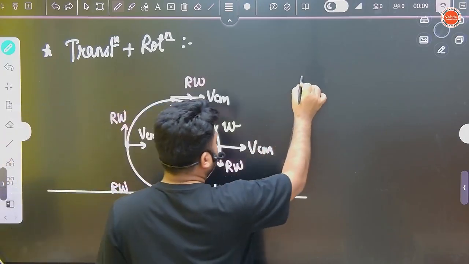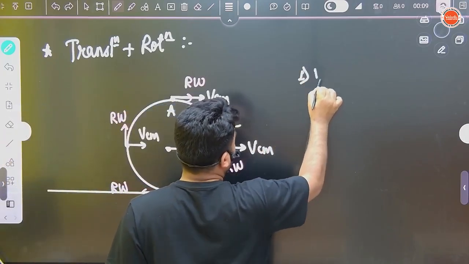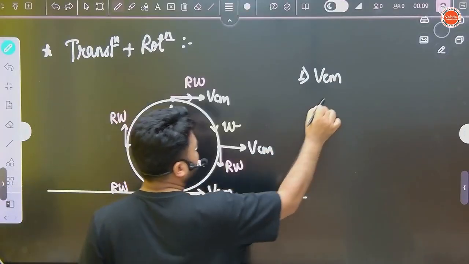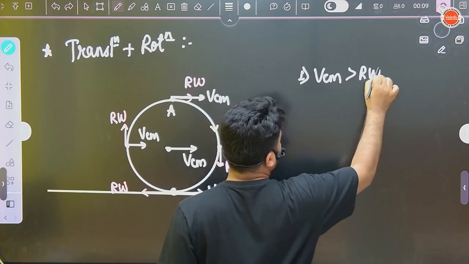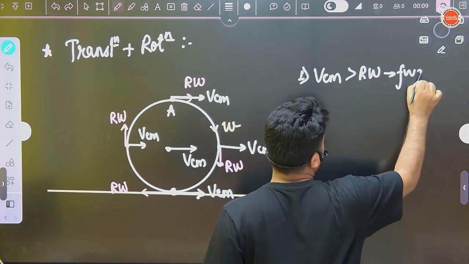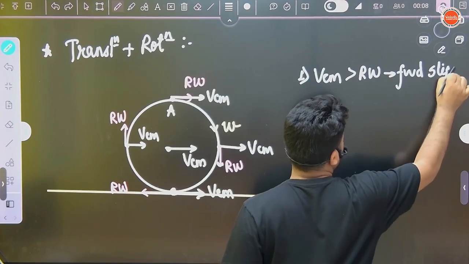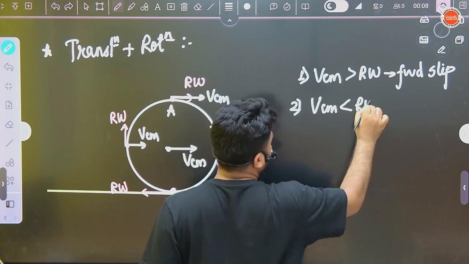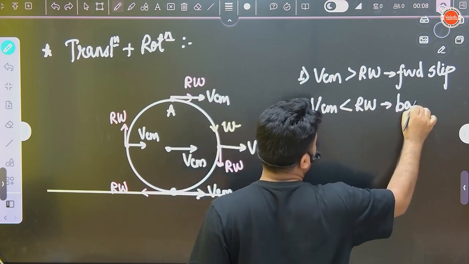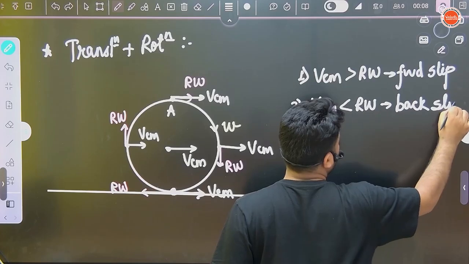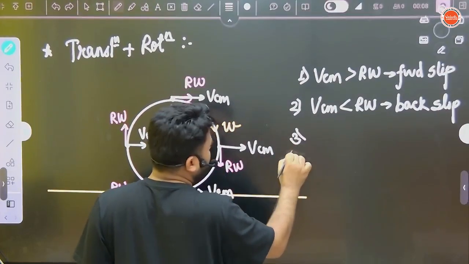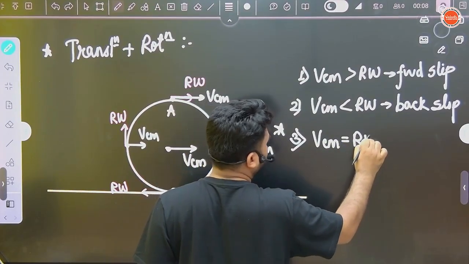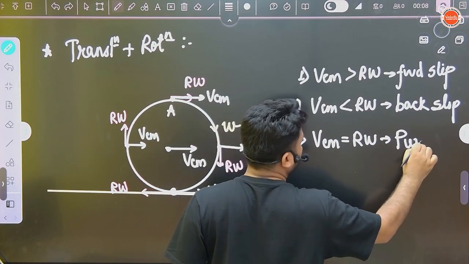Now see, here we have 2-3 conditions. Focus on this point. If vcm is greater than r omega, this case is called forward slipping. If vcm is less than r omega, this case is called backward slipping. But the very important case they ask is that if vcm equals r omega, this is called pure rolling.